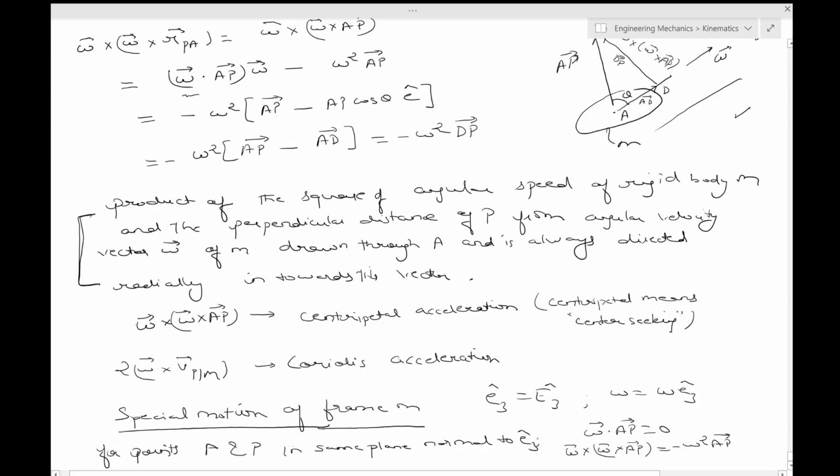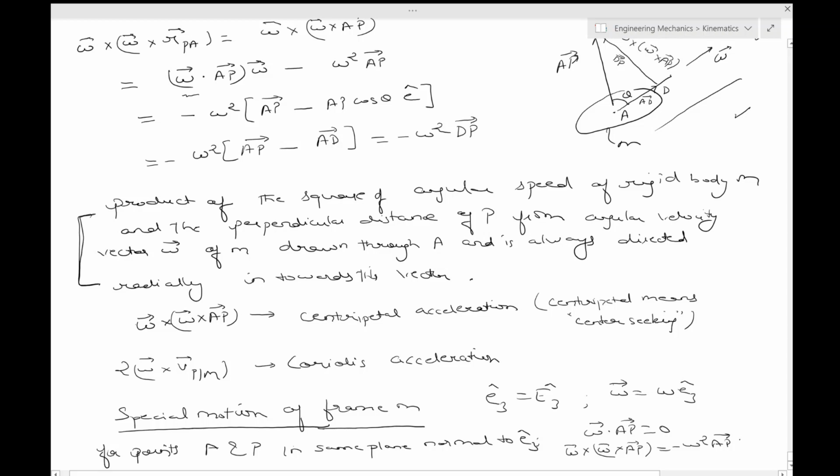So this is a special case where the vector omega is equal to omega E3. And if A and P are in the same plane normal to E3, omega dot AP will be equal to 0, just because the angle between them would be 90 degrees. So this is something which you can note.